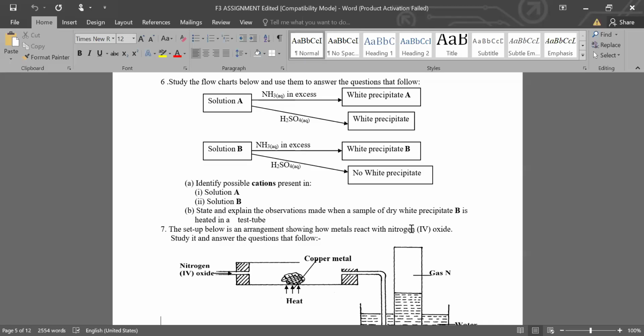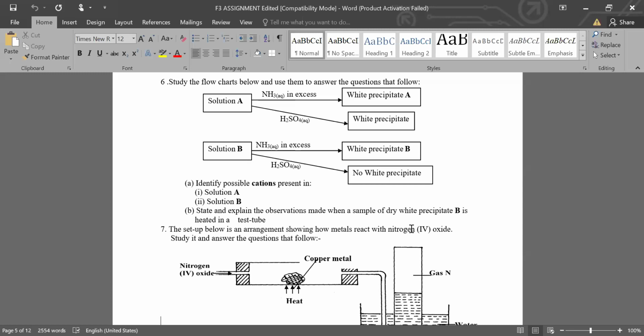So solution A can only be lead nitrate, because lead nitrate will form a white precipitate when it is added dilute sulfuric acid.